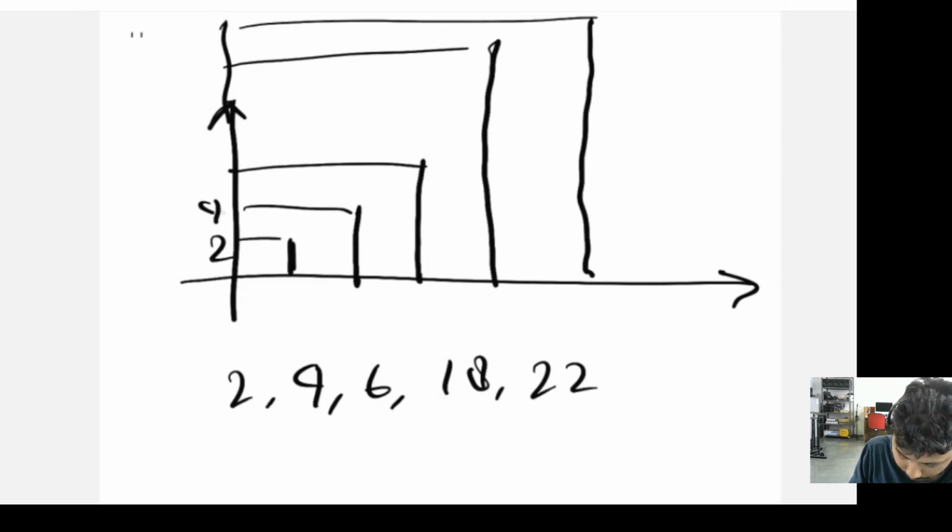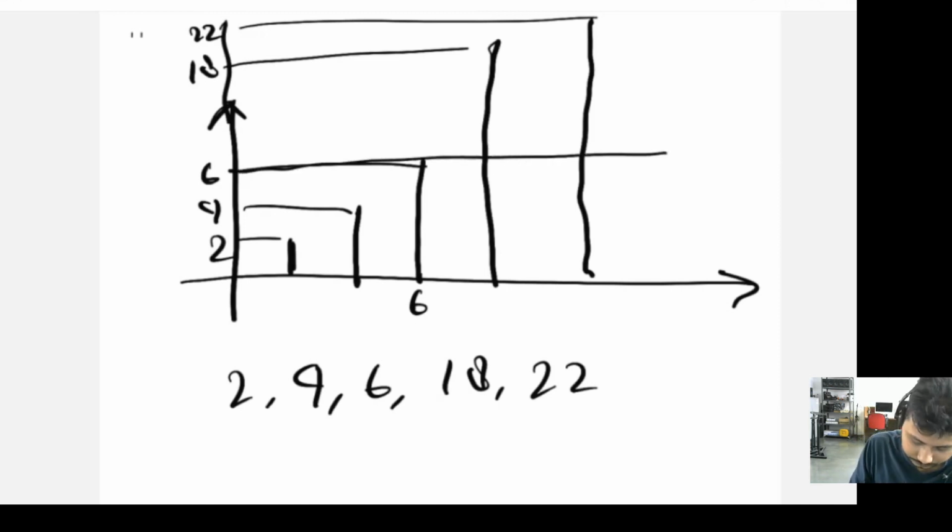2, 4, 6, 18 and 22. And suppose we are calculating the sum of differences with all the elements for the 6. So this is the 6 value.